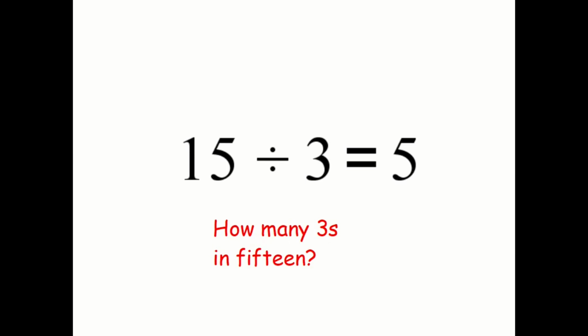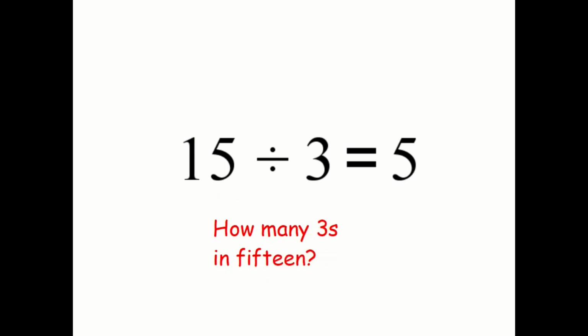It's 15 divided by 3, so the 15 comes before the 3, but in the worded question, the 3 comes before the 15. It's really important to know that 15 divided by 3 is the same as asking how many 3's in 15.